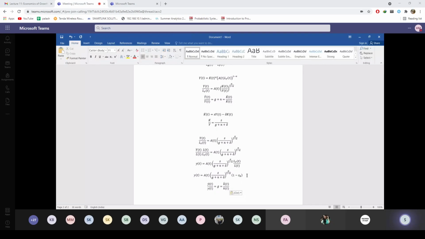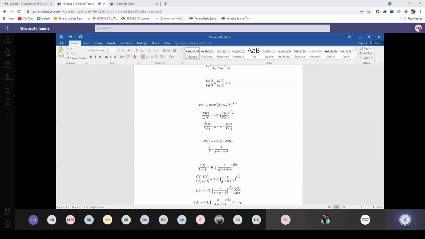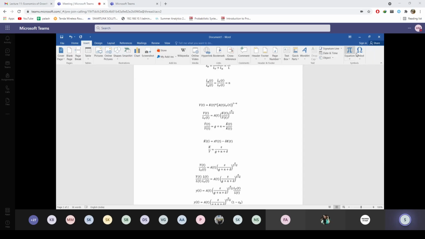Per capita output and per capita capital stock are growing at the rate of technological progress because A_T is still growing at the rate of technology. So this is also the assumption here. I have not written it explicitly somewhere, so let me just write it down over here. It is still growing at the rate of technology, but now we will model technology.